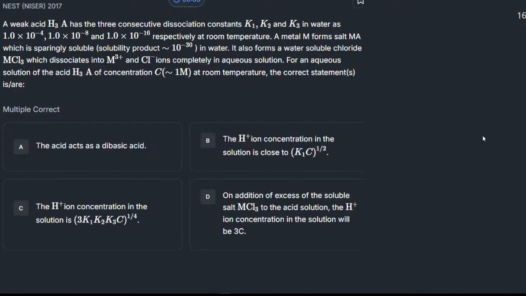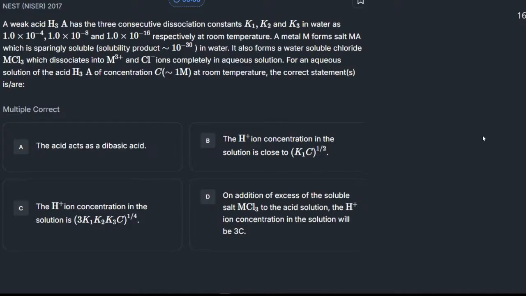So a metal M forms a salt MA, which is sparingly soluble, and its solubility product is 10 raised to power minus 30 in water, and it also forms a water soluble chloride MCl3, which dissociates into M3 plus and Cl negative ions completely in aqueous solution.